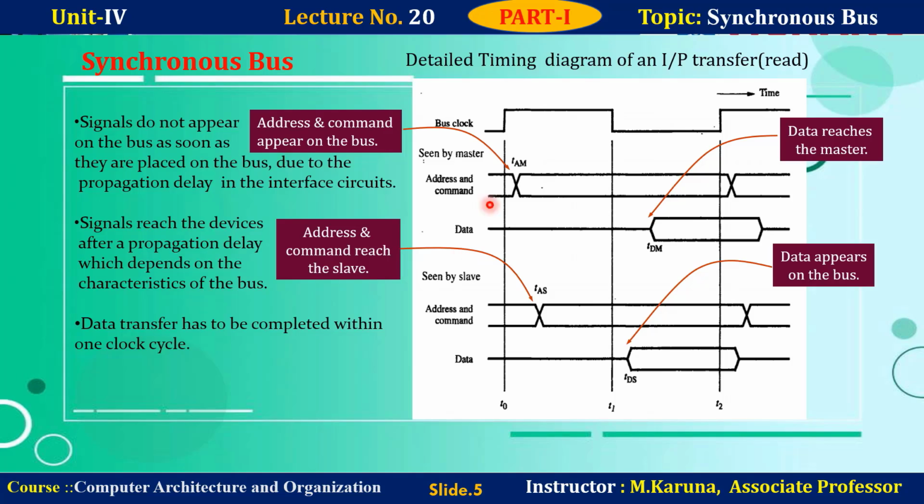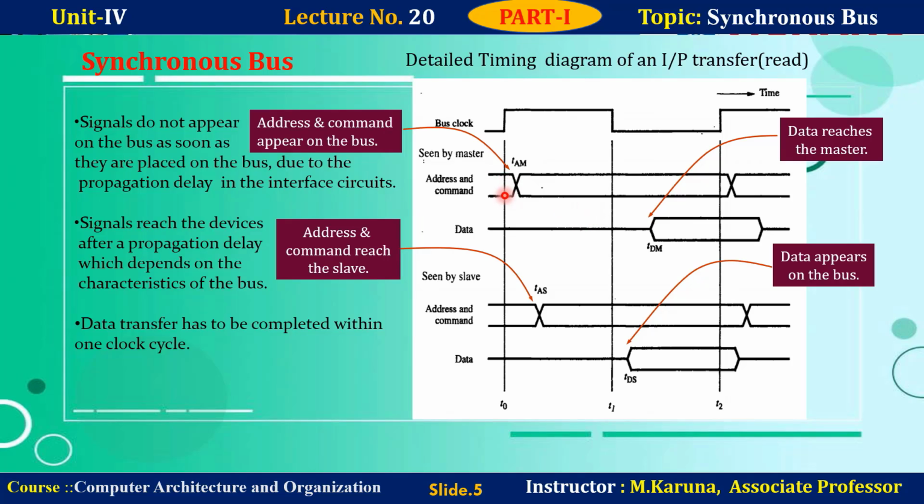Okay, let us see how the operation takes place practically with the help of a synchronous bus. Here signals do not appear on the bus as soon as they are placed on the bus, due to the propagation delay in the interface circuits.